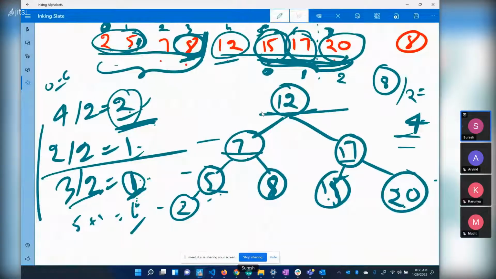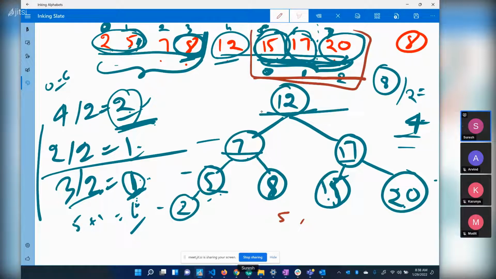So now let's take the example here: 15, 17, 20. If you take this subarray, what is the start index? 5. And what is the end index? 7.